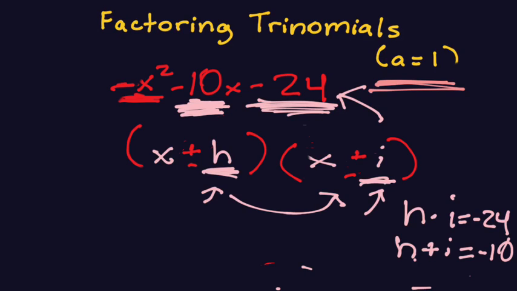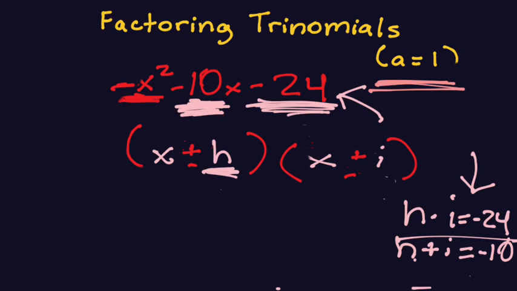Okay, so now we know what rules our h and I, or our second component, must follow. We already have the first component, which is x. So now we must look for what values fit h and I, where h times I is negative 24 and h plus I is negative 10.